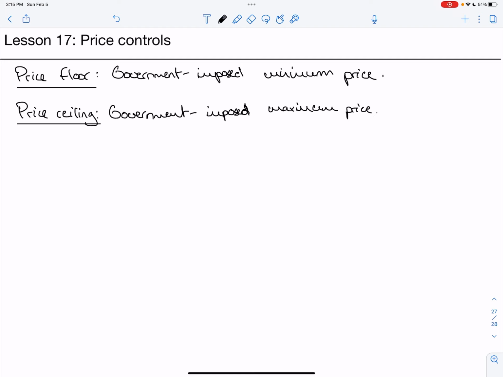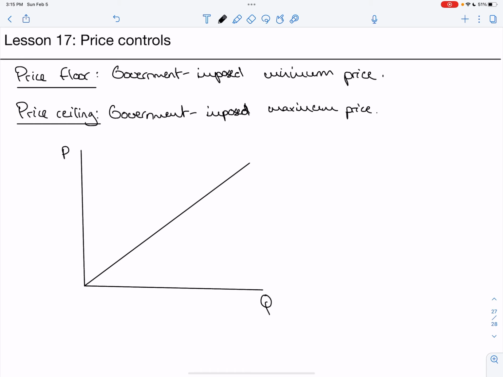And that market, in our simplified model, is fully captured by just two curves, the demand curve and the supply curve. Our supply curve is upward sloping and our demand curve is downward sloping.